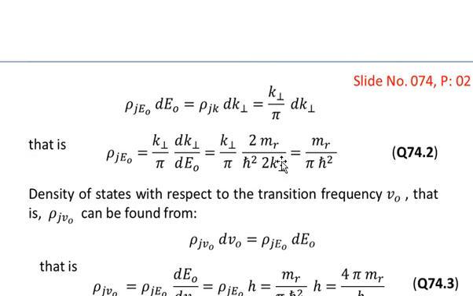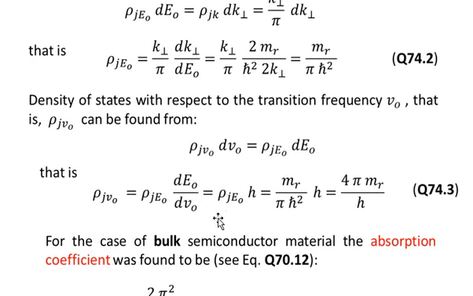So putting that value over here, we have this expression, and the simplified version is 4 pi mr over h. This is shown in equation number 3. So rho j nu naught is equal to 4 pi mr over h. This is how we have represented the density of states in terms of the transition frequency nu naught in equation number 3.